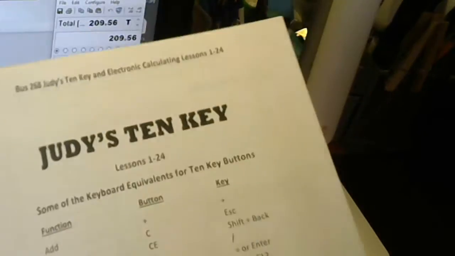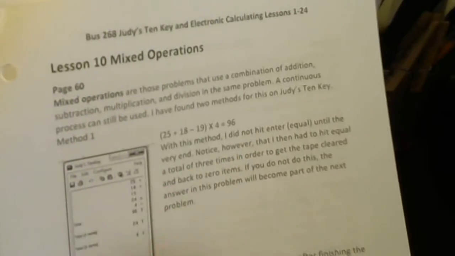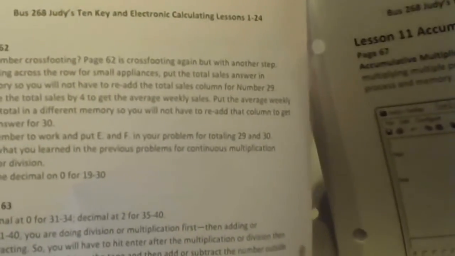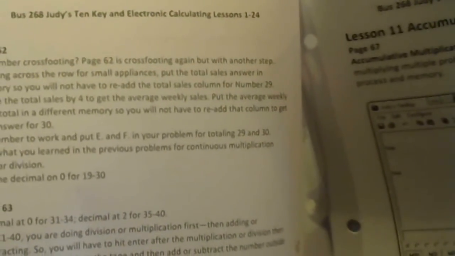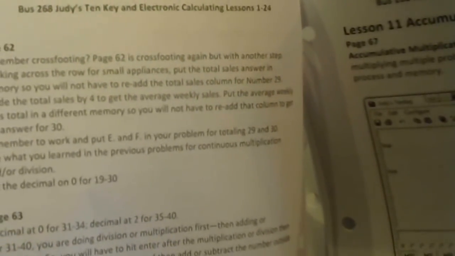So that's it for lesson 10. I hope you are using your Judy's 10 key packet. Everything in here is explained. So here we're talking about mixed operations, showing you my tape, showing you ways to do it, and explaining that on page 62 it's similar to what we learned in, I think it was lesson 2, where we learned cross-footing.